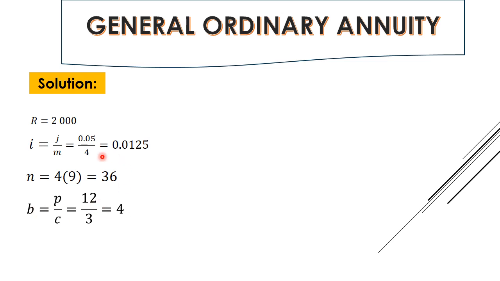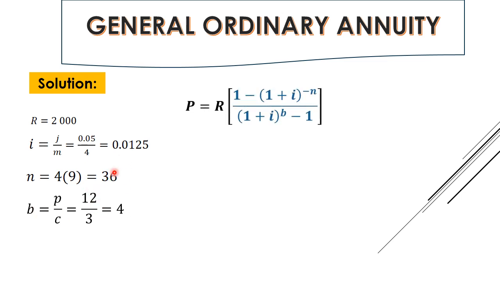So with this, we substitute this to the formula. We have P equals R times 1 minus 1 plus I to the power of negative n over 1 plus I to the power of b minus 1. So this is your present value. Alright, so substitute this.